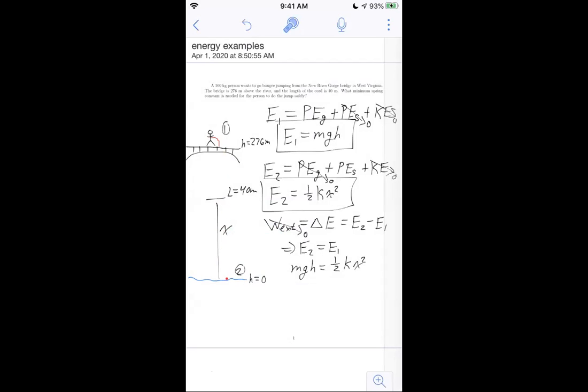So what that tells me is that x plus L is going to be equal to the height of the bridge. Just by doing the quick math, the total height of the bridge is 276. The length of the bungee cord is 40 meters, so that means that the stretch of the bungee cord is going to be 236 meters.